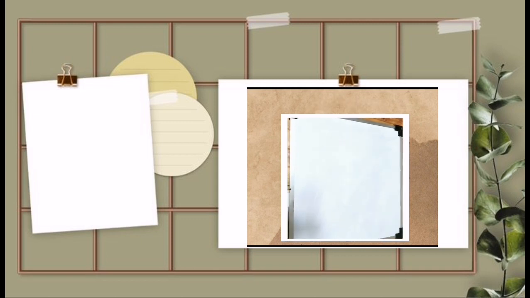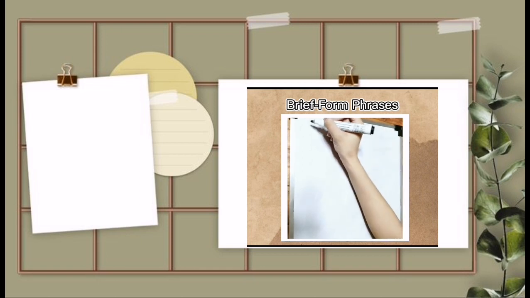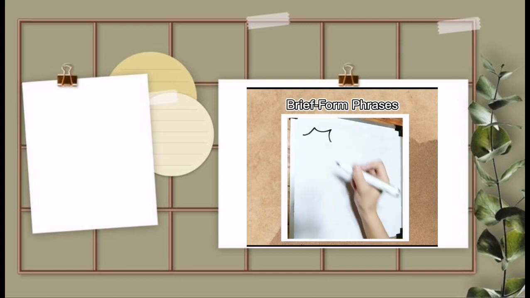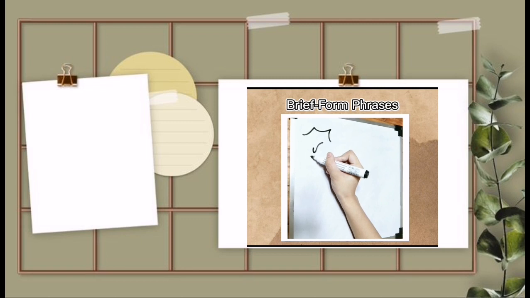The writing of two or more brief forms together is what we call brief form phrases. These are the examples. There will be. Next is of the. Next is for the.